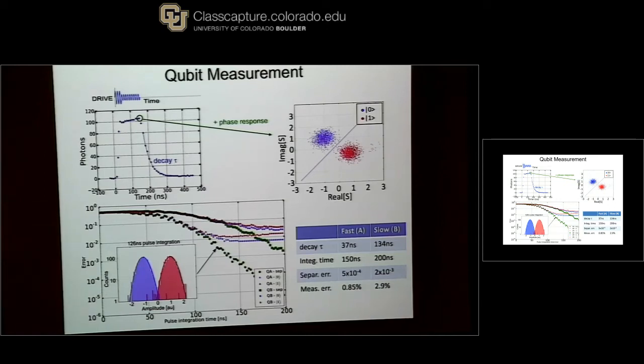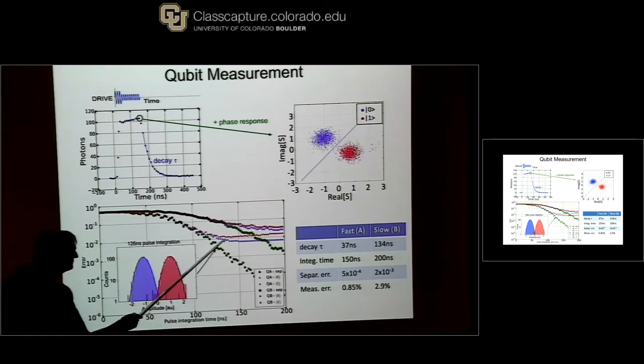And if you draw a line here and plot what those errors are versus this pulse integration time, which is the distance from here to here, okay? Then at small pulse integration time, you have pretty high errors. And then for this qubit here, the errors go down to about here, 10 to minus 2, maybe a little bit below 10 to minus 2 once we integrate to 140 nanoseconds.